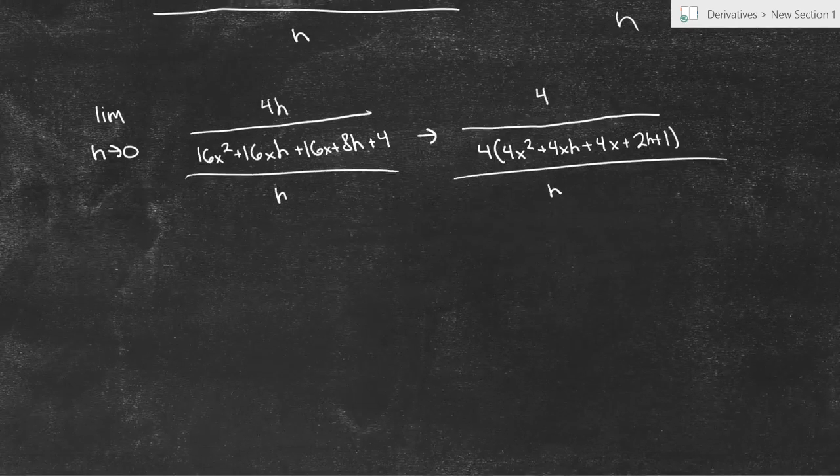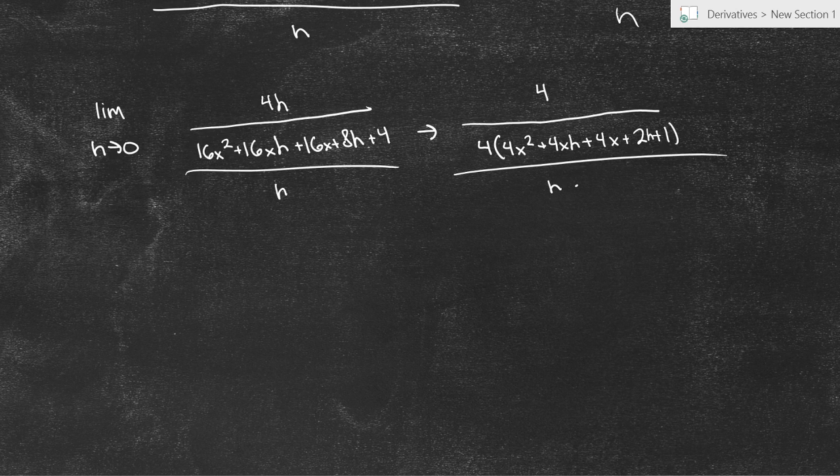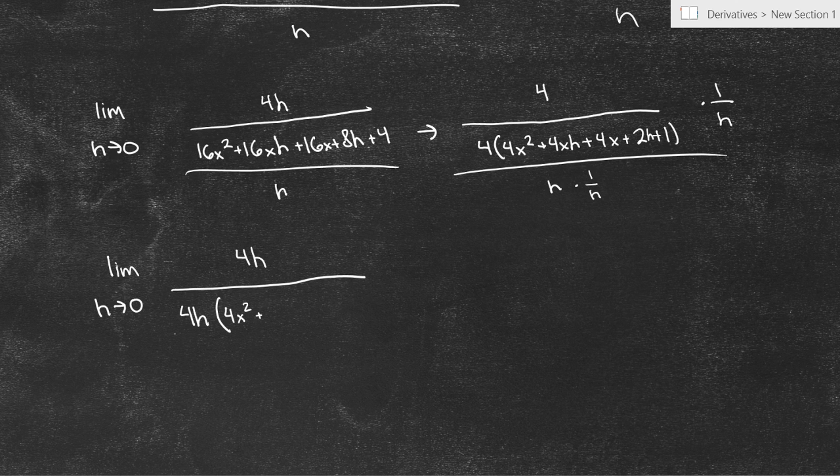We've got to get rid of that in the denominator. So I'm going to multiply both top and bottom by 1 over h. And I'll be left with the limit as h approaches 0 of 4h divided by, we already have 4 out here, now we have 4h on the outside, and then this whole thing on the inside, 4x squared plus 4xh plus 4x plus 2h plus 1.